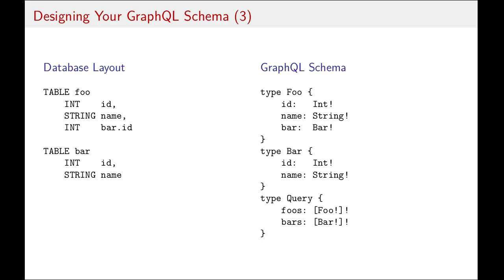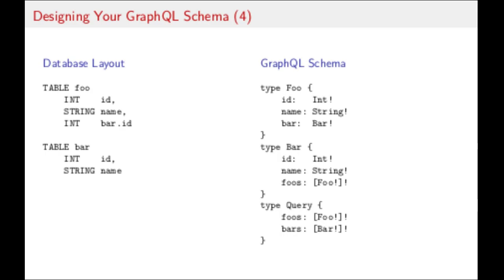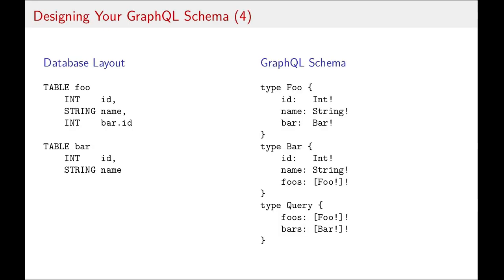There's a less obvious improvement we can also make. For every foo, there's a bar. So there's a one-to-one relationship for foos to bars. This means that implicitly there is a one-to-many relationship between bars and foos, and we can expose that in our API.